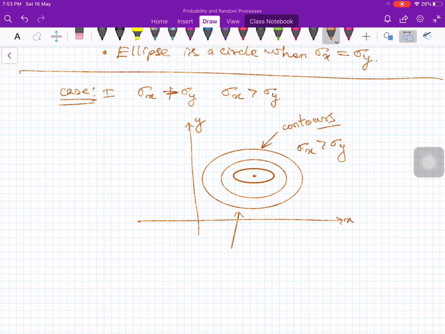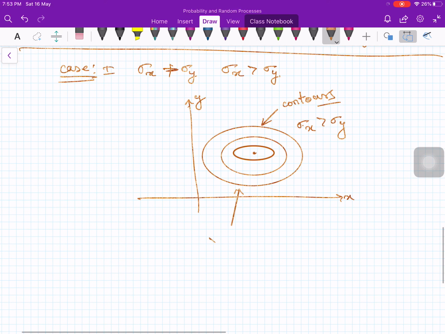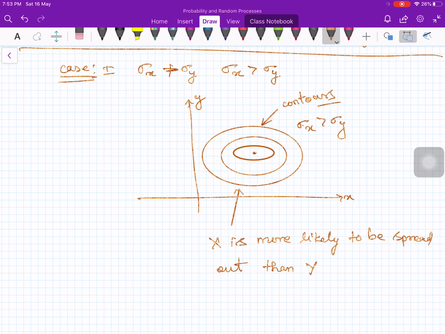Therefore contours of this kind basically tell you that x is more likely to be spread out than y. That means what?